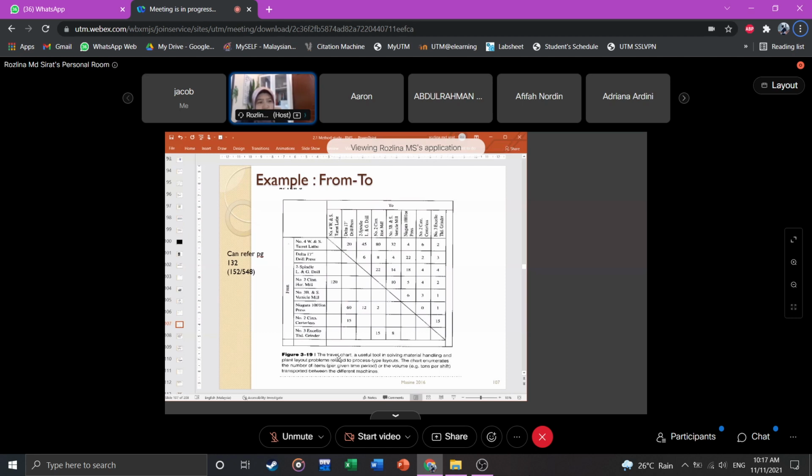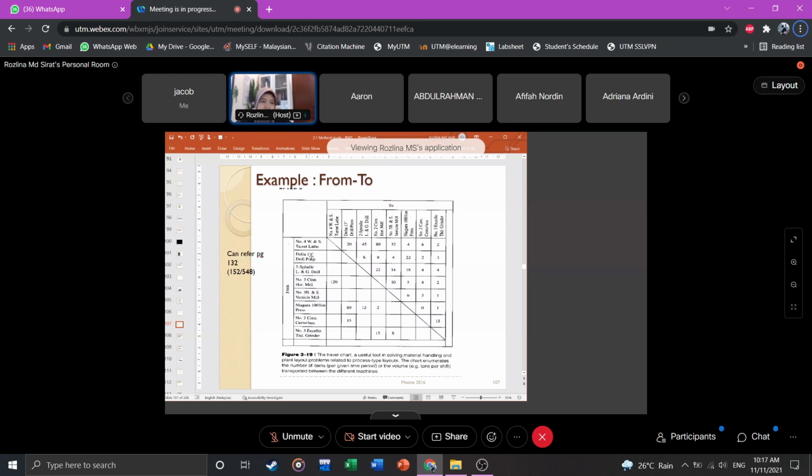If you go to our textbook, page 132, or in the e-reference, 152 over 508, you just type 152 and you go to the travel chart.